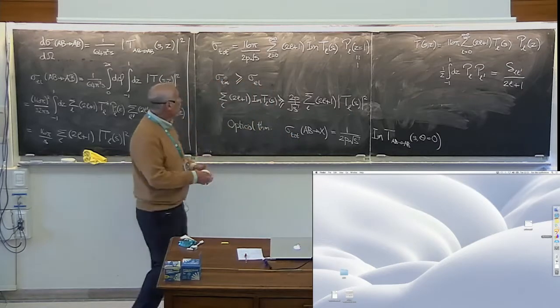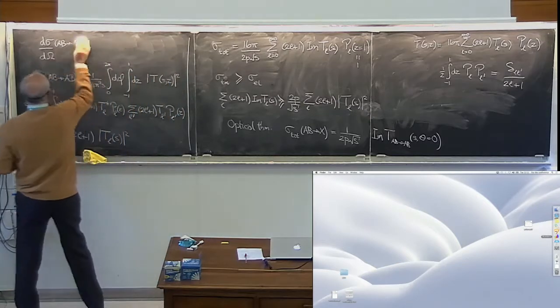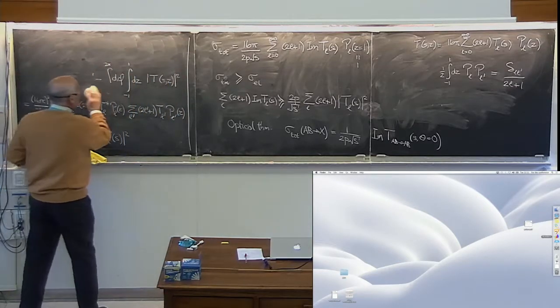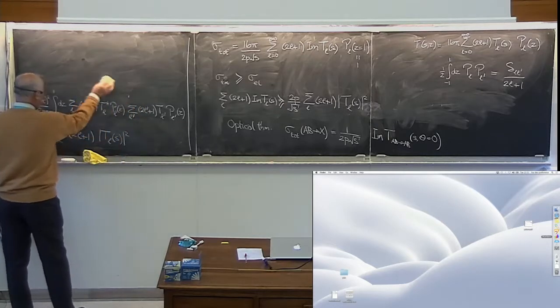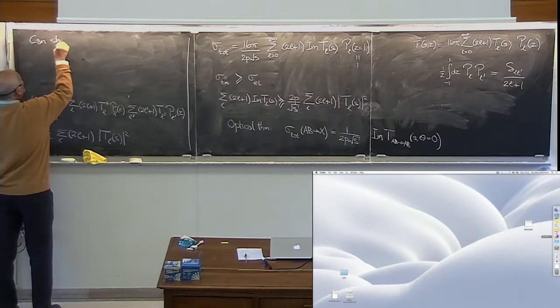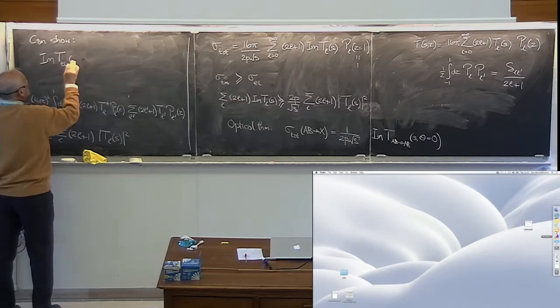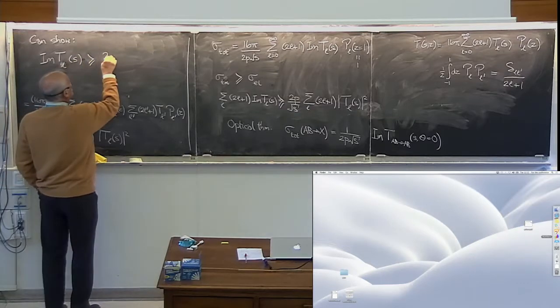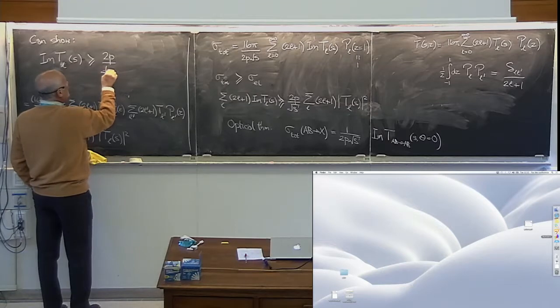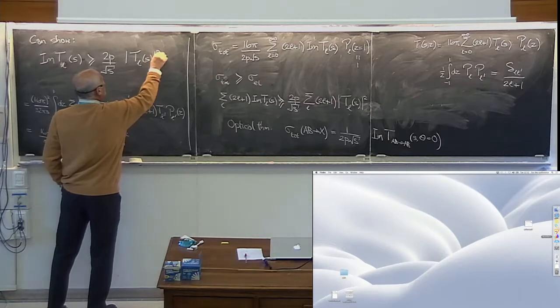Now, to get to a suitable point just to stop, where we can start again and see what the consequences of this are, you can show that the imaginary part of the elastic amplitude is greater than or equal to 2p over root s, the modulus of T_L of s squared.